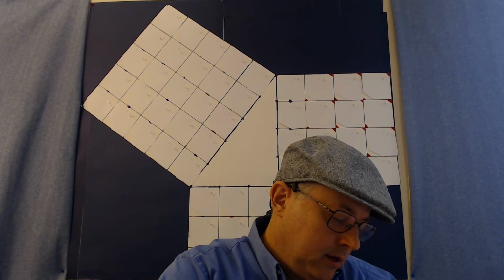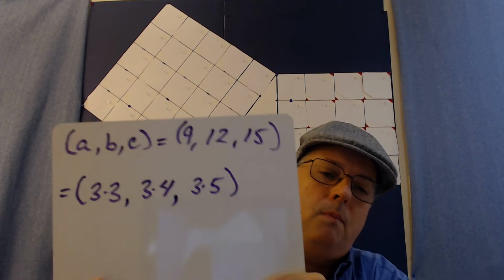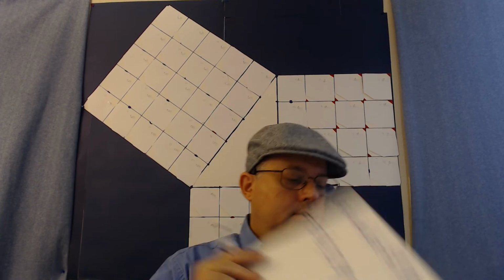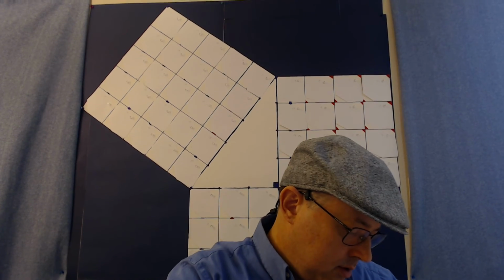And so 3 times 3 is 9, and 3 times 4 is 12, and 3 times 5 is 15. And so now we can divide out those 3's, those common factors, and simplify this Pythagorean triple to the 3, 4, 5 primitive triple.